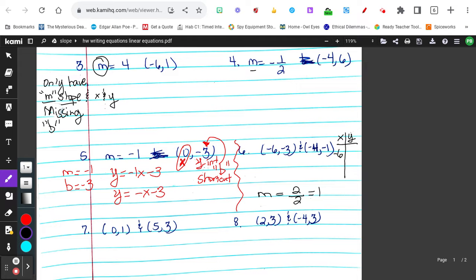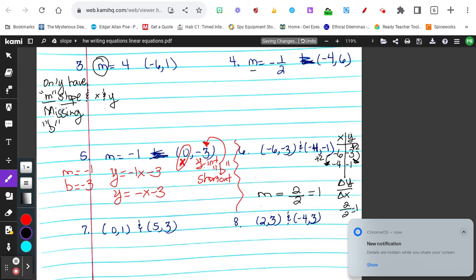Negative 6, negative 3, negative 4, negative 1. And if you put it in table form, you're going to be looking for the change of y over the change of x. The change of y is plus 2. You would have to add 2 to negative 3 to get to negative 1. And then the change of x is also plus 2. Negative 6 plus 2 will put you at negative 4, which is negative 1.